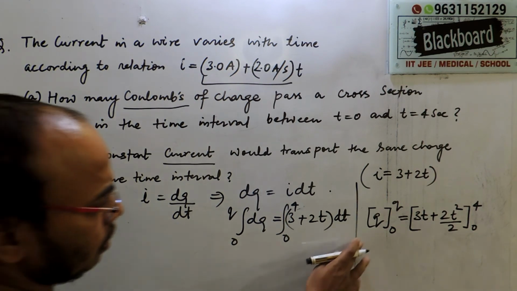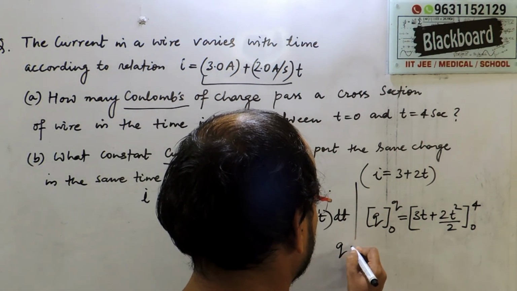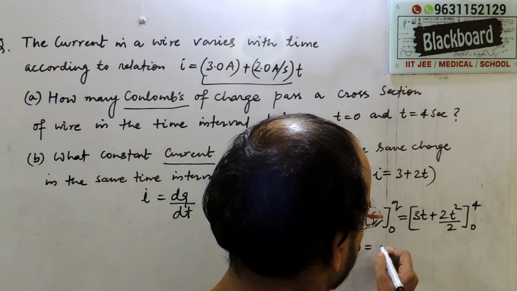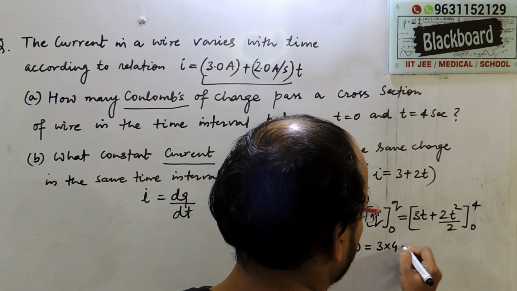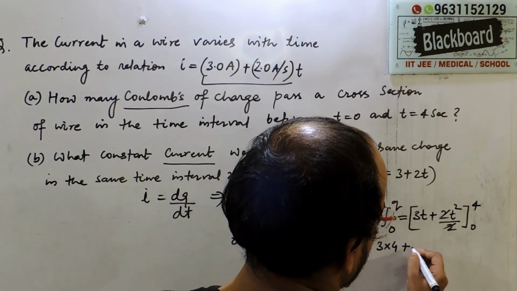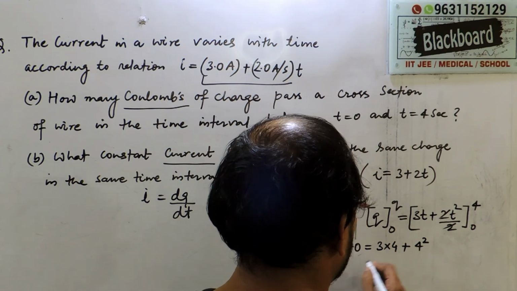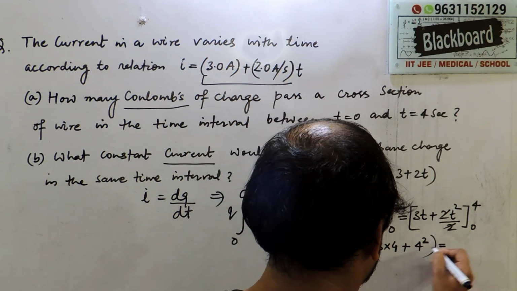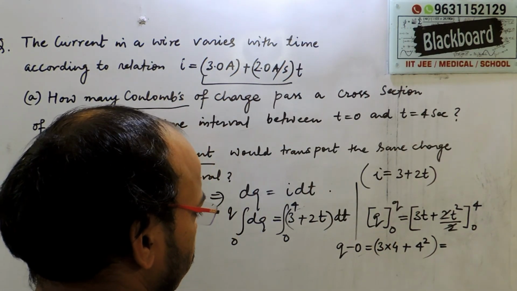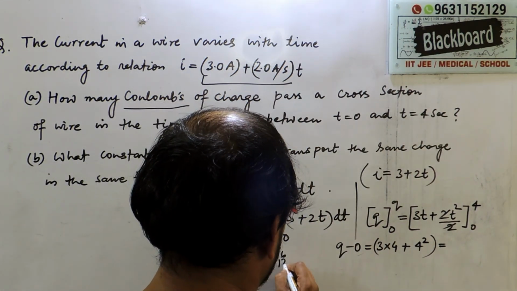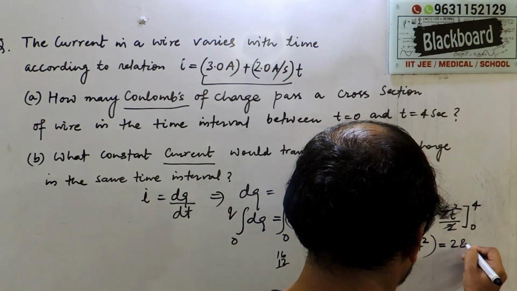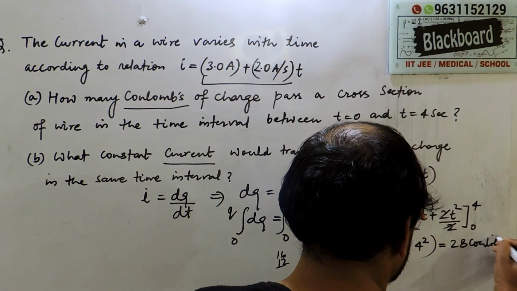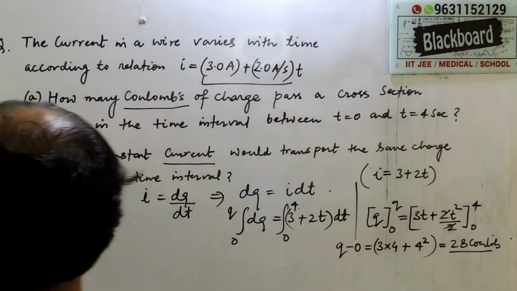This is q minus 0, that means this is q, and here this is 3 into 4 plus this will cancel out, that means 4 square, that means q is equal to 16 and 12, that means 28 coulomb is the answer.